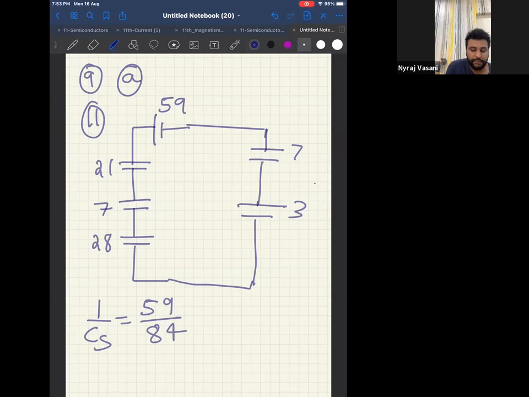Are you getting it? 59 by 84. Or CS will be equal to 84 by 59. First come till here. Tell me if you're getting this answer.